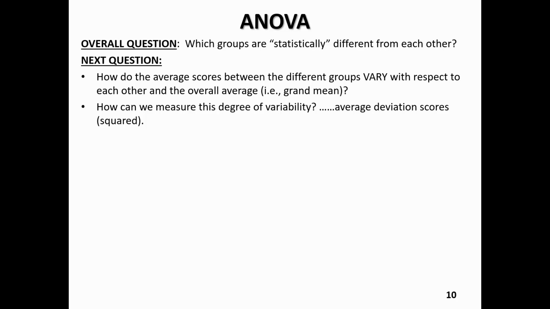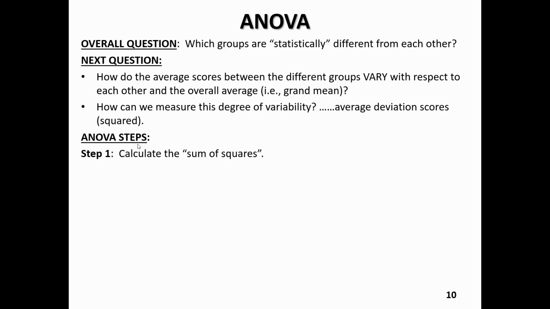And so how do we measure this degree of variability? We calculate somewhat of an average of the deviation scores, but those scores have to be squared. So that goes back to the first part of our unit on slide number 5, where we step through the calculation of deviation all the way down to a sample variance.